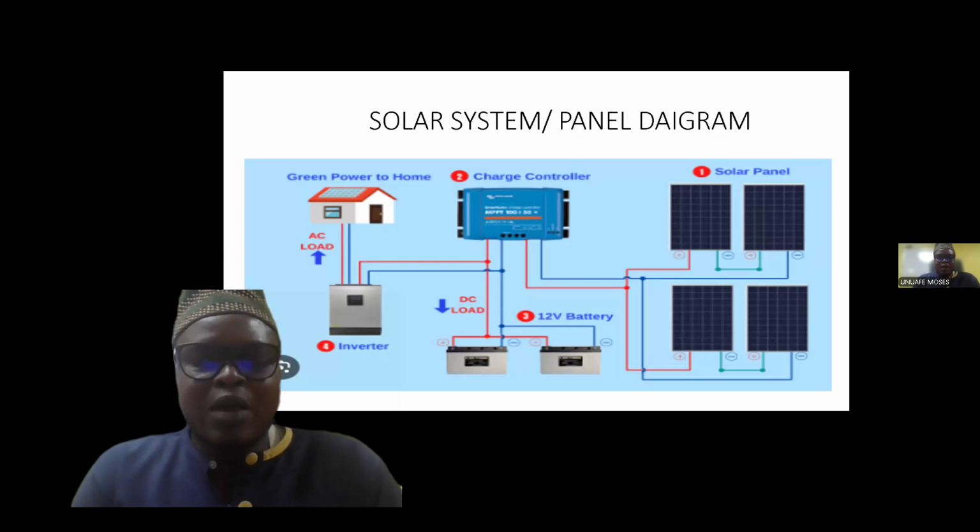The charge controller output is connected directly to the battery. And from the battery, you connect to the input of the inverter. In turn, the inverter will convert the DC to what? AC, supplying our residential.